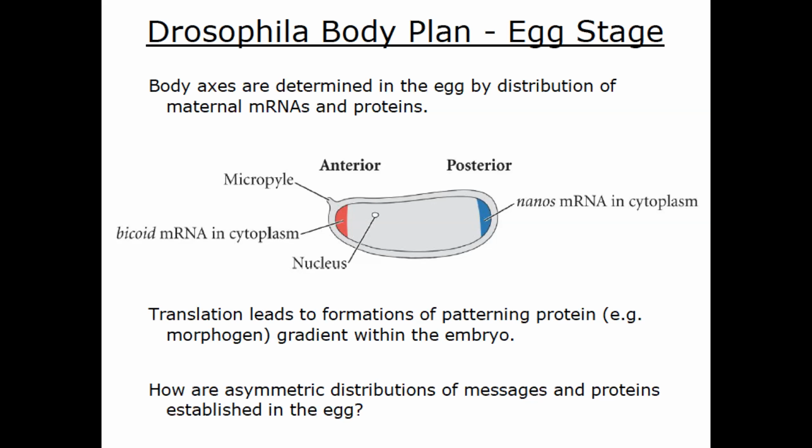There are many different mRNAs available, but the ones that are asymmetrically distributed within the embryo and are responsible for polarity, establishment of segments, or establishment of the basic body plan are what I'm trying to focus on here.